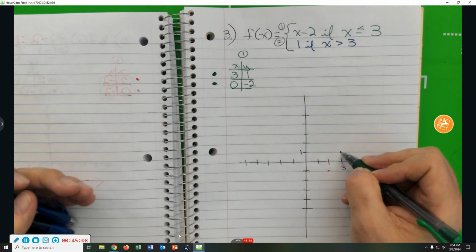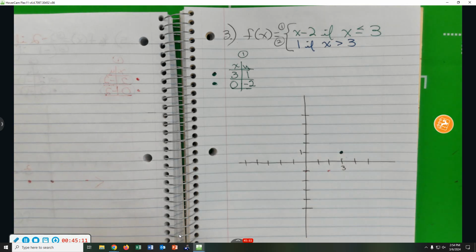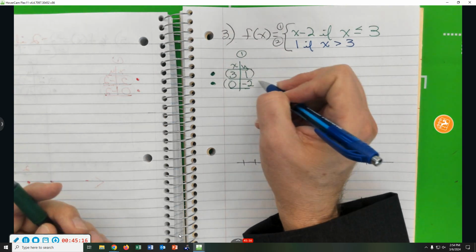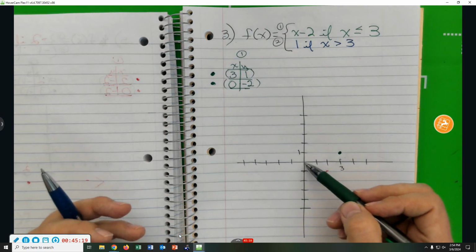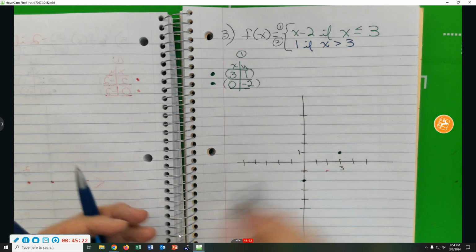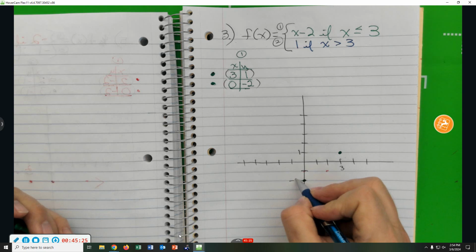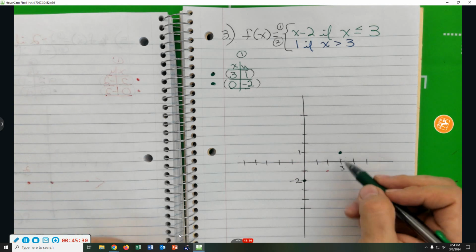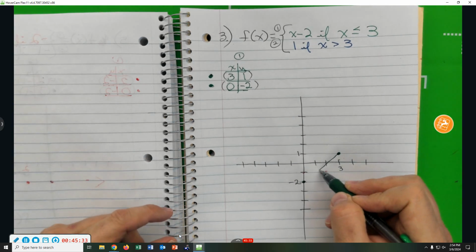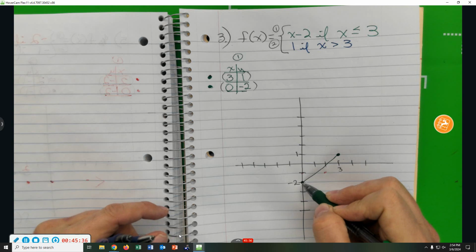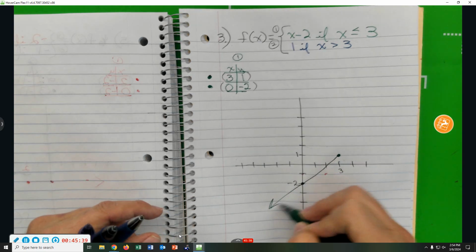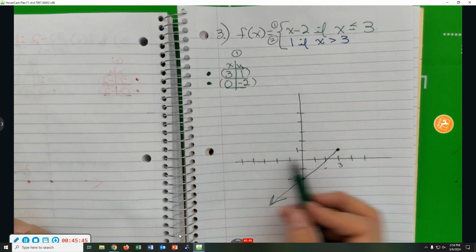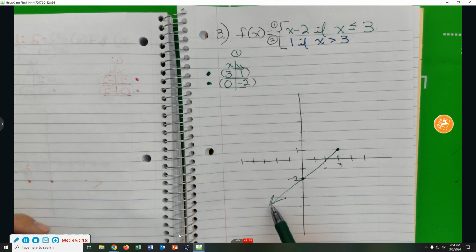I have a plain closed dot. Then my second ordered pair is 0, -2. So right 0, down 2. There's my second dot. I start at the cut point, 3, 1. I go to the secondary point. Do I stop or do I keep going? Keep going, because for x less than 3, the interval continues forever on the left, so the left side of the graph has to continue.